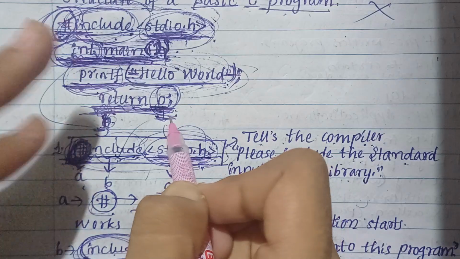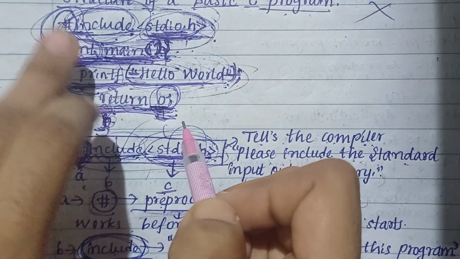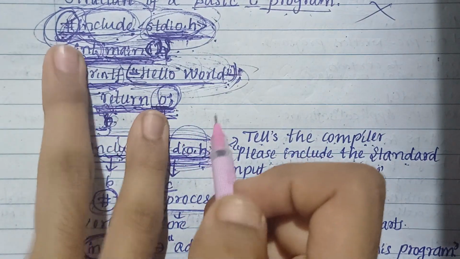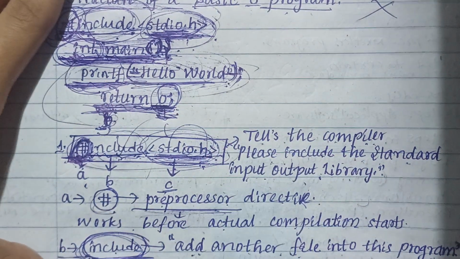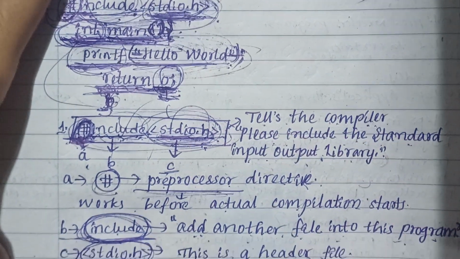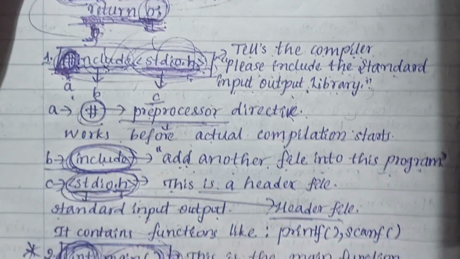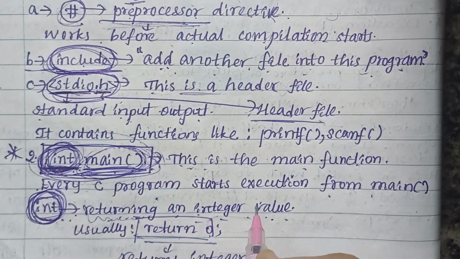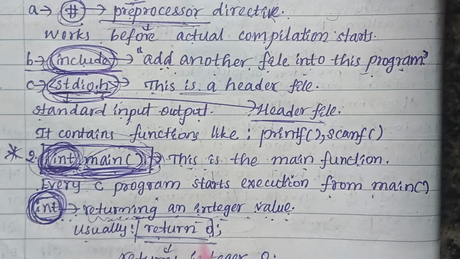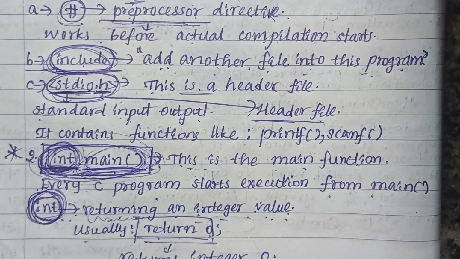Whatever value you want to return, that data type should be included here. You will get more clarity about this while you are solving a few questions in our upcoming videos. So don't get too worried about that. This int is nothing but returning an integer value, and usually return 0, that means returns an integer 0.